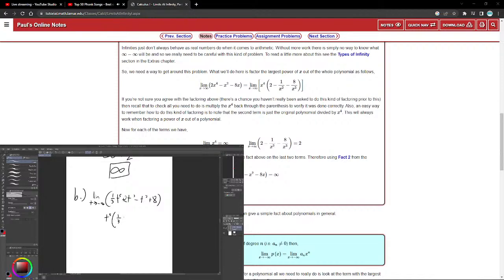So it'd be 1/3 plus 2 over t squared, yeah, minus t cubed? No.